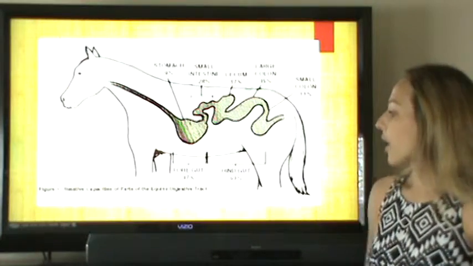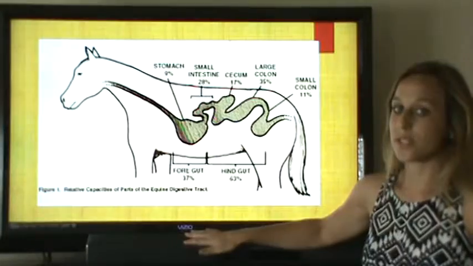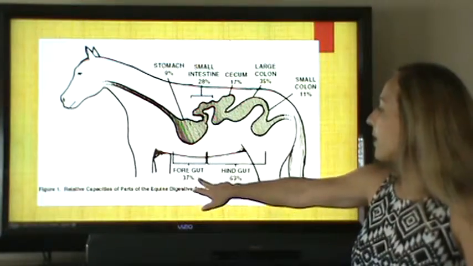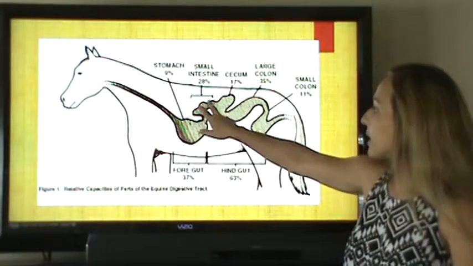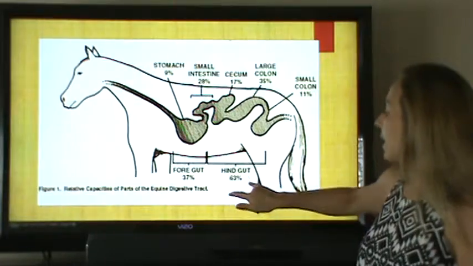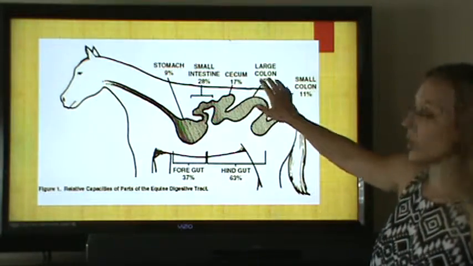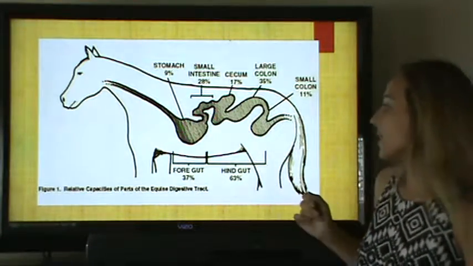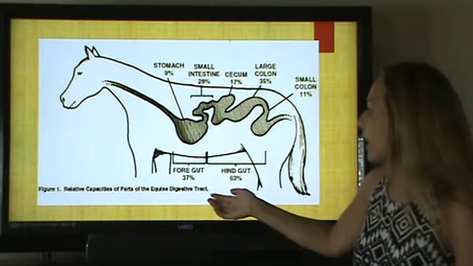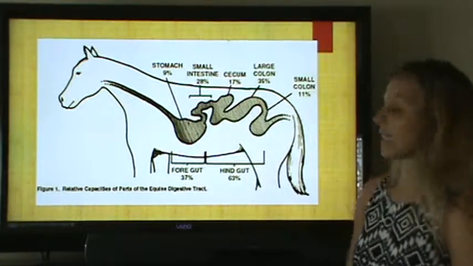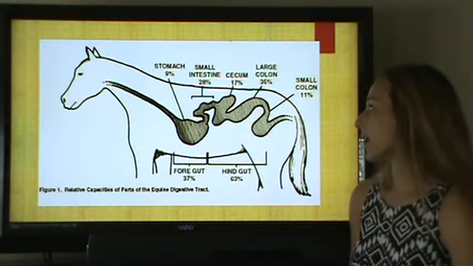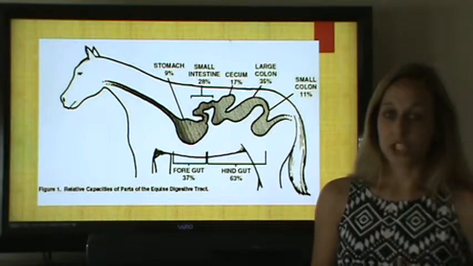Here is a picture of the digestive tract of the horse. The foregut is made up of the stomach and the small intestine, and the hindgut is the cecum, the large colon, and the small colon. The stomach is relatively small, and it's where pre-digestion occurs.